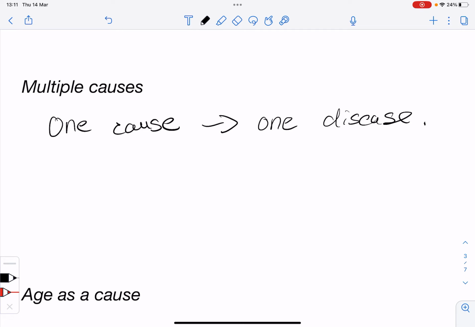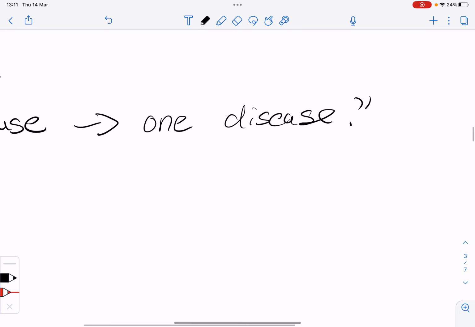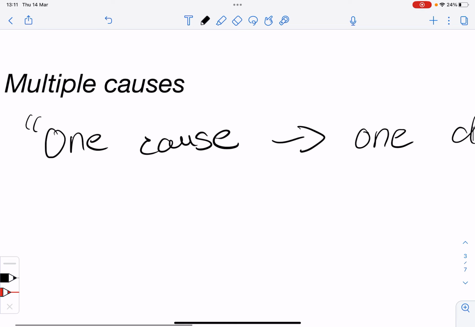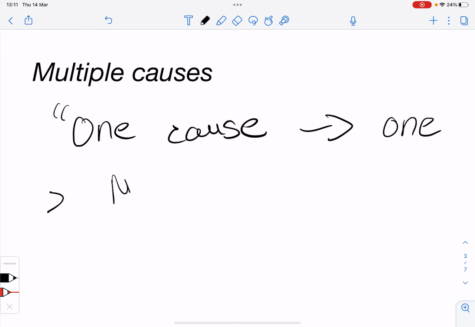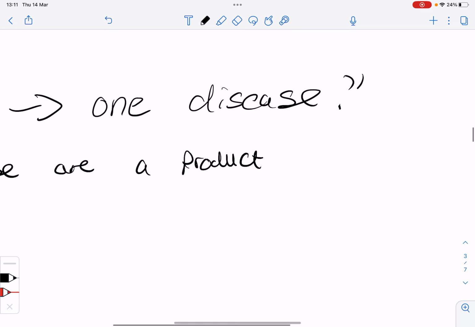Risk factors can be a more accurate term than cause, which we now use. So the whole idea of one cause, one disease, proposed by Hippocrates, is rarely true. Many diseases are due to many factors, a product of multiple interacting factors.